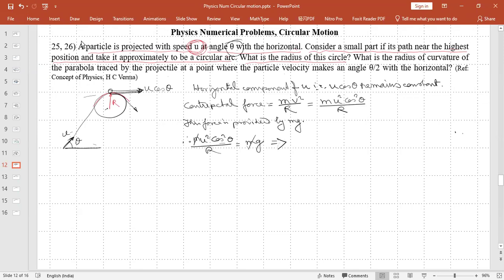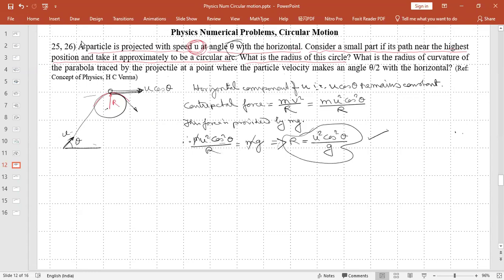From here we get R equals u square cos square theta by g. So the radius of curvature very near to the topmost height is u square cos square theta by g.